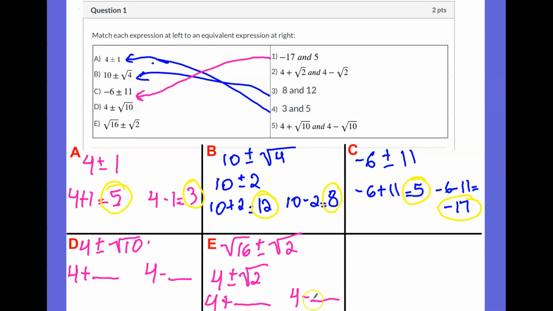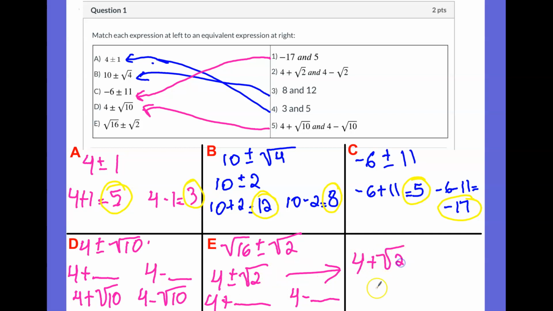Or you can leave it as 4 plus the square root of 10 and 4 minus the square root of 10. And we know that that is number 5. And this one can also be 4 plus the square root of 2 and 4 minus the square root of 2. So that will be this. So E matches with 2. So that's number 1.